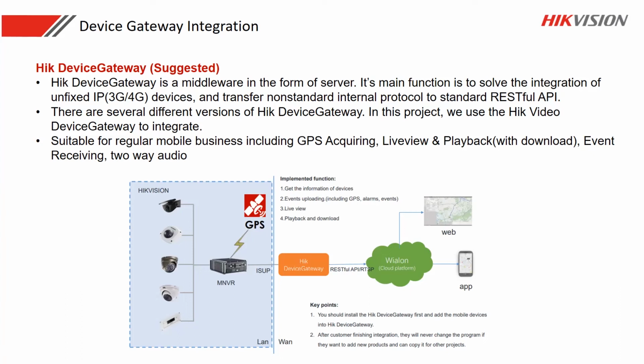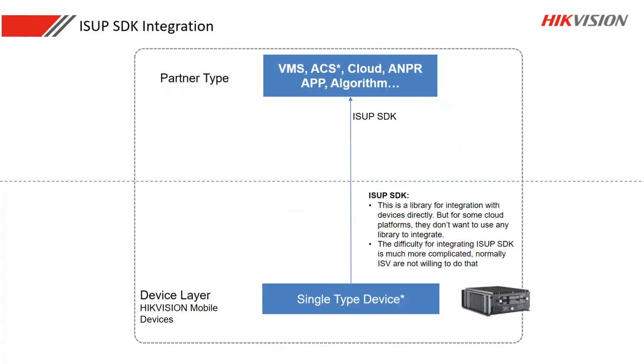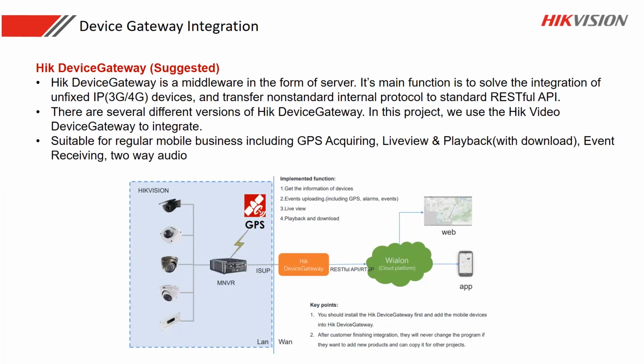And of course, if you want to do two-way audio, you can also do it on the device gateway. So once you install this software, it will help you do all these things. You do not need to do much integration work. So it's much easier compared with the ISUP SDK.